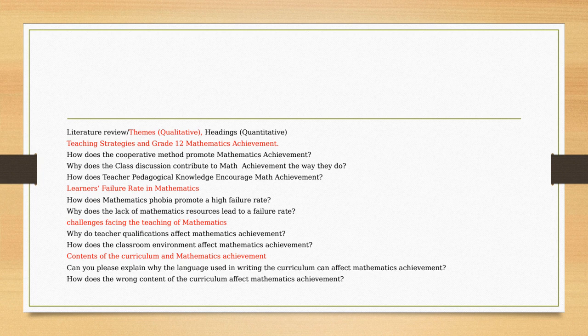Also, anything perception, anything opinion, anything experience, anything view, they are all qualitative. Anything impact, effect, factors, they are quantitative. Please take note. So FICO, educators' level of knowledge and attitude towards inclusion of children with special education needs in regular classroom in a selected school.